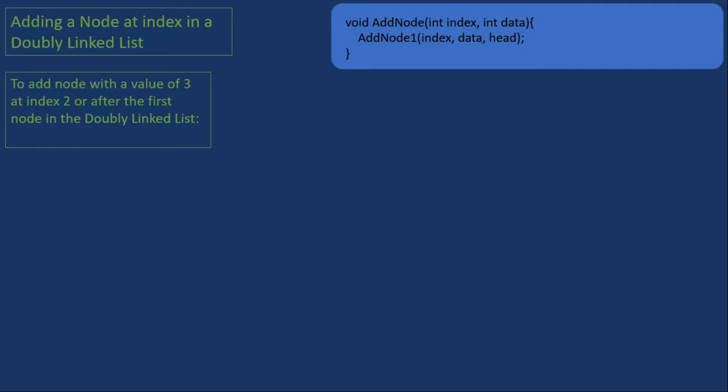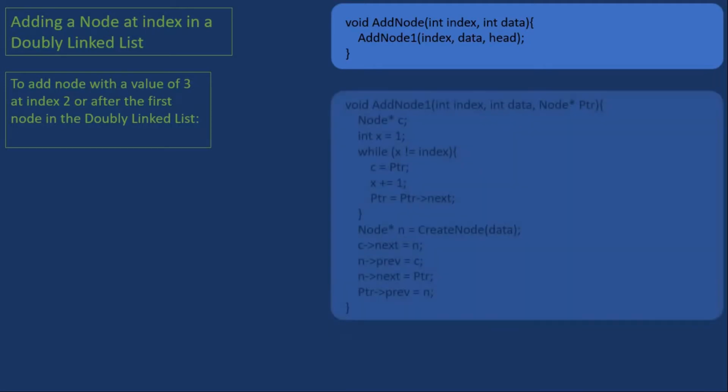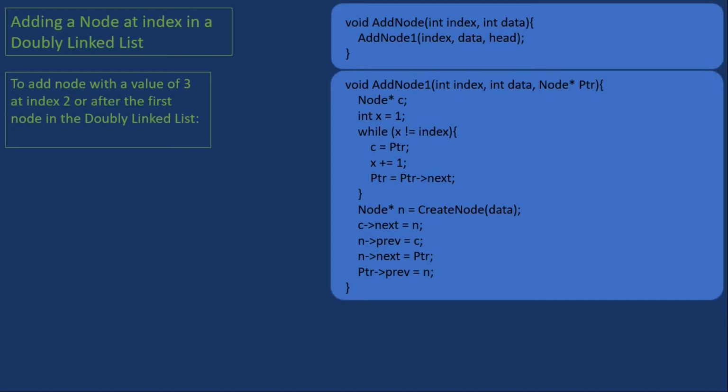And it calls another function which takes in the 2 previous arguments and also the head node pointer as the third. Now the second function, which takes in an integer index value, the integer data value, and a node pointer.